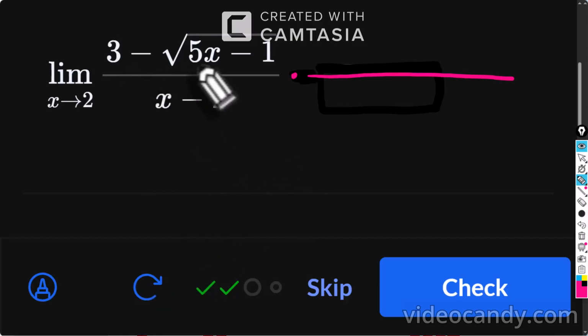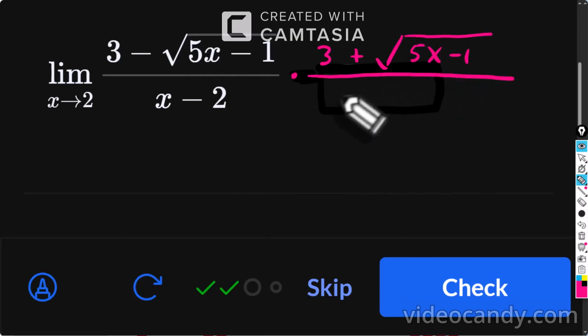All right, so choosing the conjugate, instead of the minus sign, we're going to make it a plus sign. So it's going to be 3 plus radical 5x minus 1. You want the same thing in the denominator, because the same term over itself is 1. We're just multiplying by 1. All right, using FOIL.